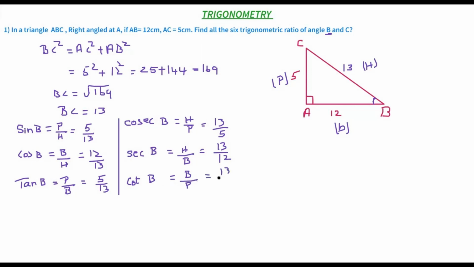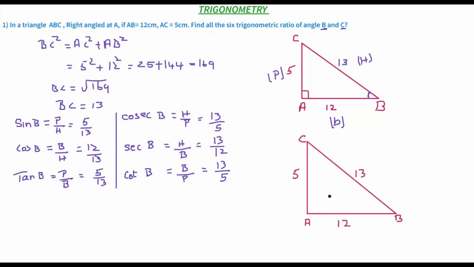So this would become 12 by 5. Clear? Now is it very clear how to write the trigonometrical ratios with reference to angle B? Now we are going to do it with reference to angle C, because that is also part of the question. I've done that as an extra so that you understand the difference between the reference of angle B and angle C.